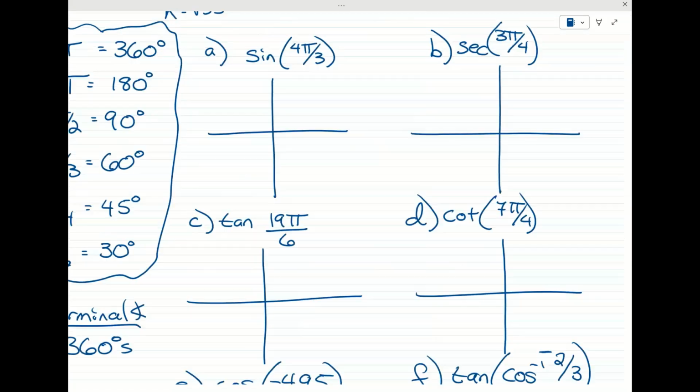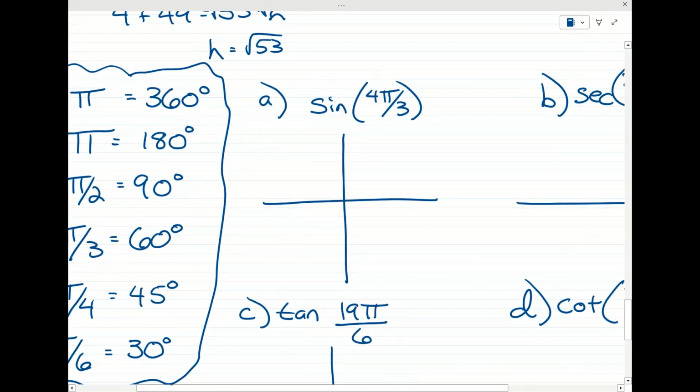What is pi over 3? 60. What's 60 times 4? 240. 240 puts us right here. That's 240, and our reference angle is 60 degrees.